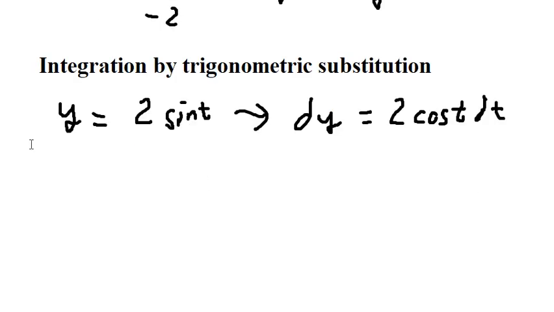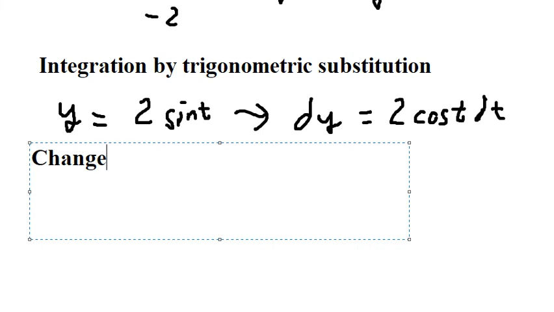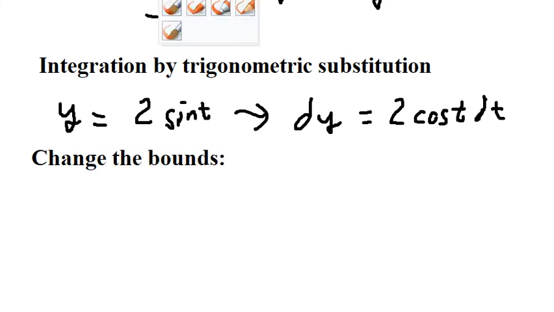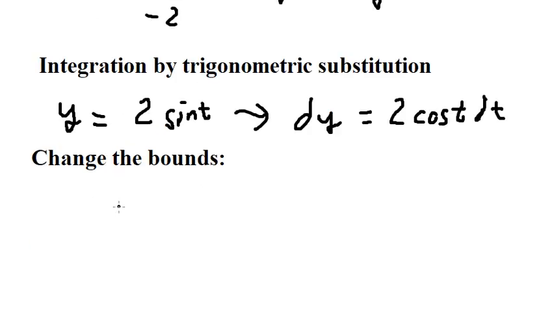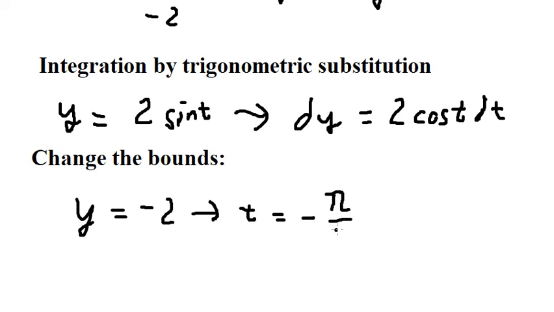Next, we need to change the bounds. So when y equals negative 2 in here, I will put negative 2 in here, and we divide both sides by 2, and we can find t equals negative pi over 2.